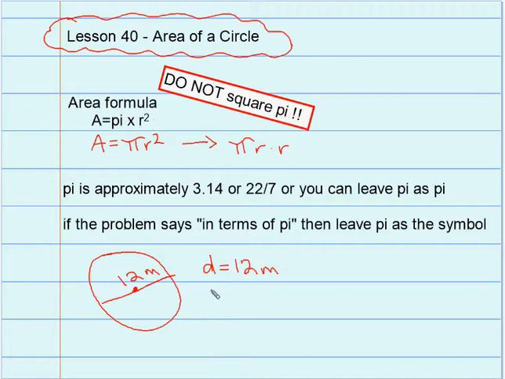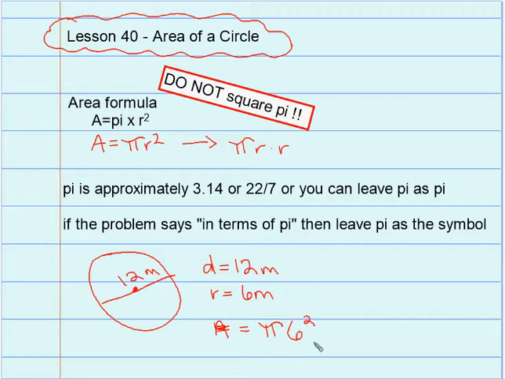So I need to divide this by 2 to get the radius. Now I can use my formula. Area equals pi times radius squared. And then at this point I need to look and see what the directions are.